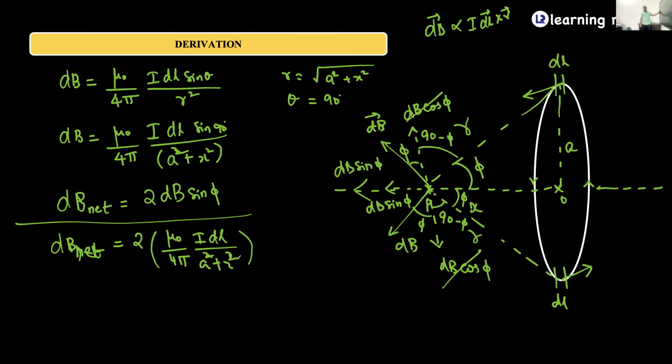So it is a square plus x square into what is the value of sin phi? If you look at the triangle here, sin phi is going to be a divided by r.